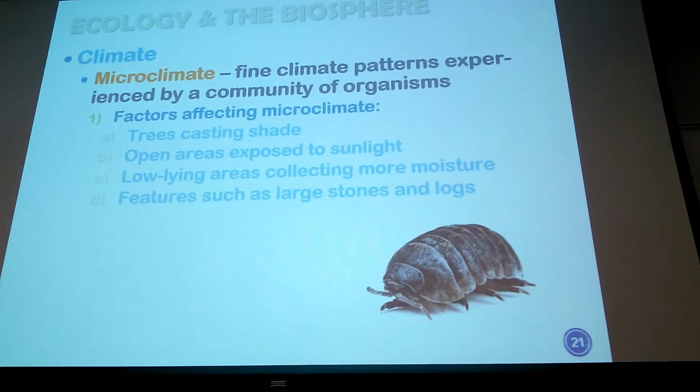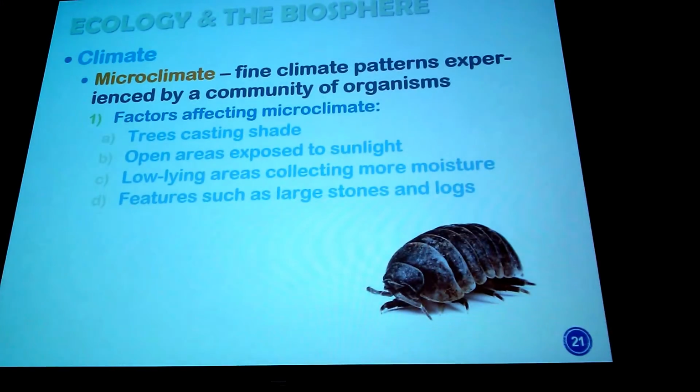It has its entire life dependent upon microclimates. As long as it can find a nice cool place in your backyard to hang out in, it'll be perfectly content, not caring, again, what goes on in other lands or other waters. That's a microclimate.